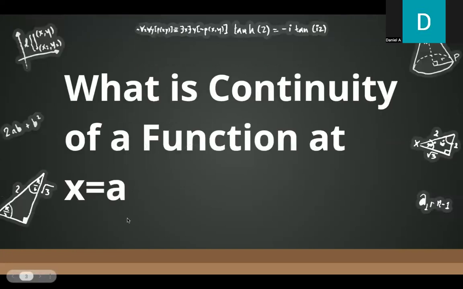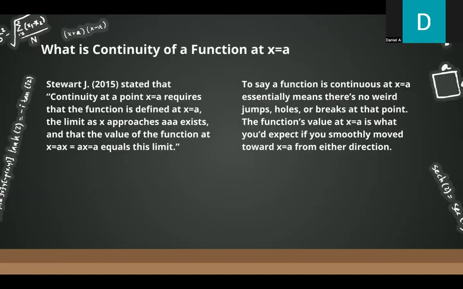So, what is continuity of a function at x equals a? Stewart, from 2015, says, quote, continuity at a point x equals a requires that the function is defined at x equals a, the limit as x approaches a exists, and the value of the function at x equals a equals this limit.